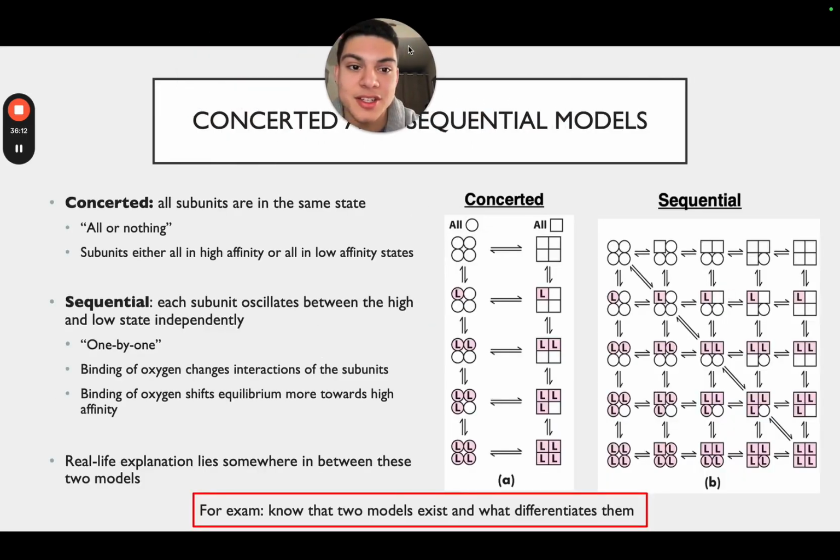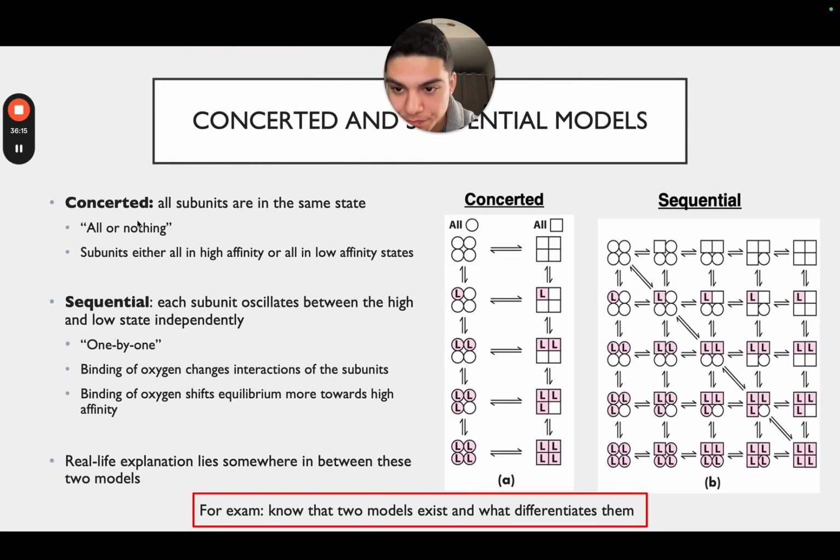And then in terms of the concerted and sequential models, these are ways that explain cooperative binding within hemoglobin. So concerted is where all subunits are in the same state, and there's basically just an all or nothing. Subunits are either all in high affinity or in low affinity. So in this case, we could have the potential route of first ligand binds and nothing changes about the affinity state.